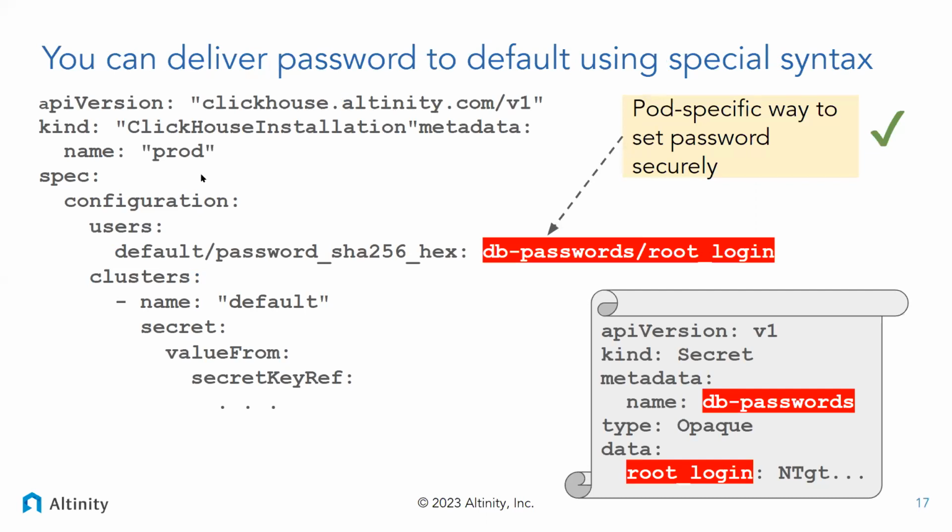One of the things that you can do is the Altinity operator understands secrets, particularly using secrets for setting password names.